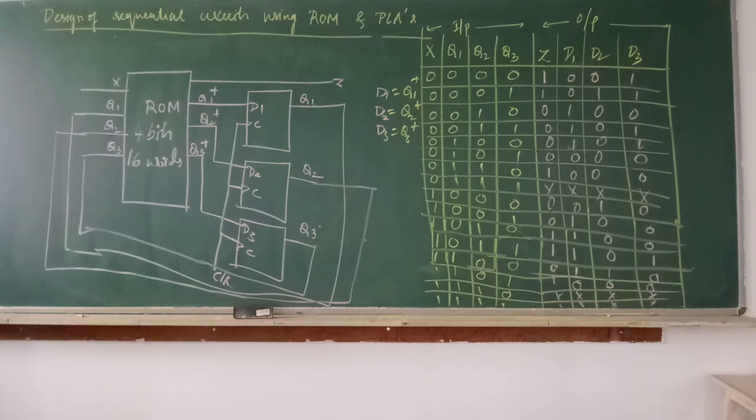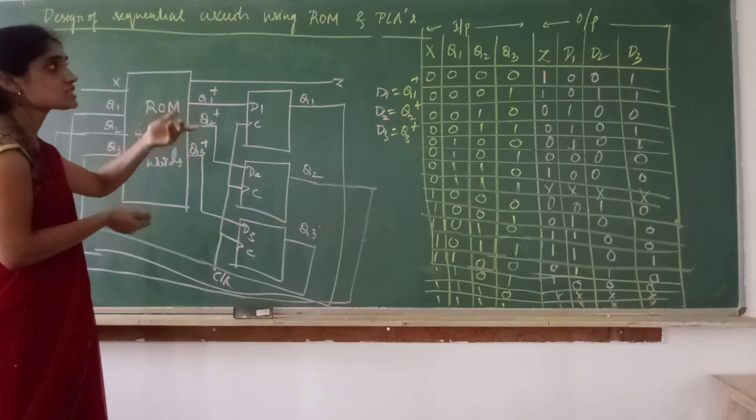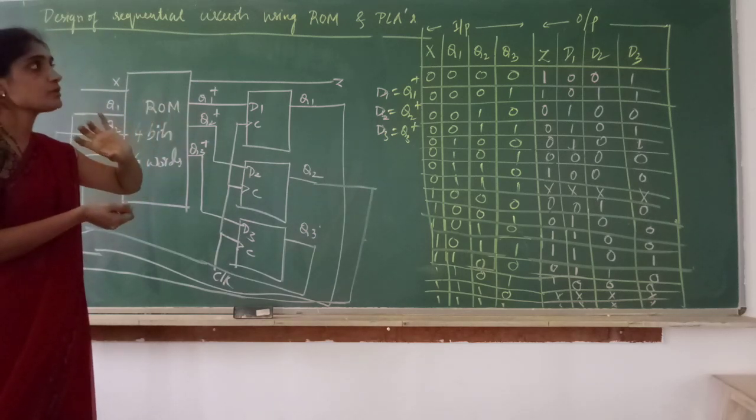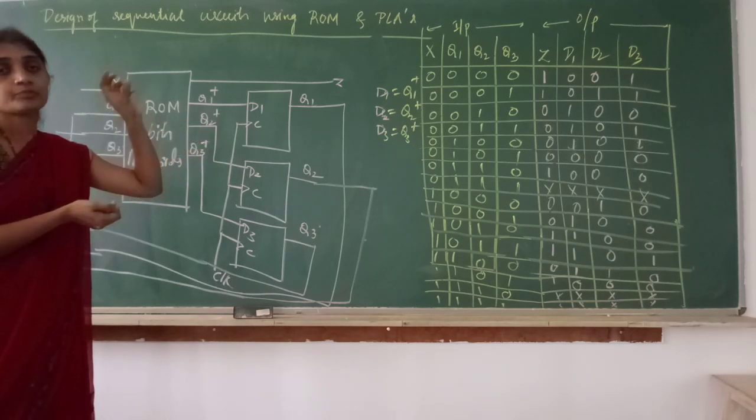To design using PLA, we need exactly the table we have written for the code converter. The same state assignment has to be done for PLA also, because direct state assignment may lead to more product terms in PLA, and the error will be more.